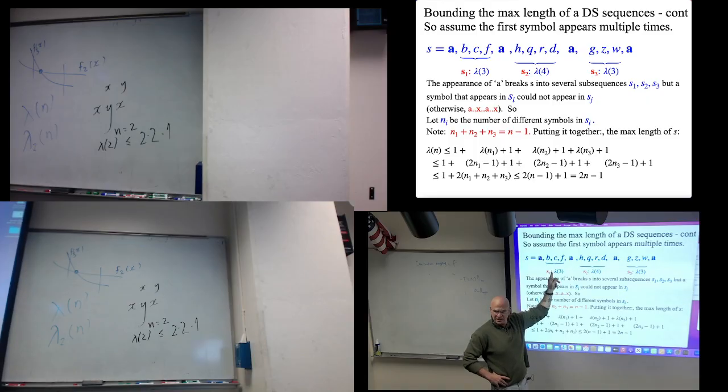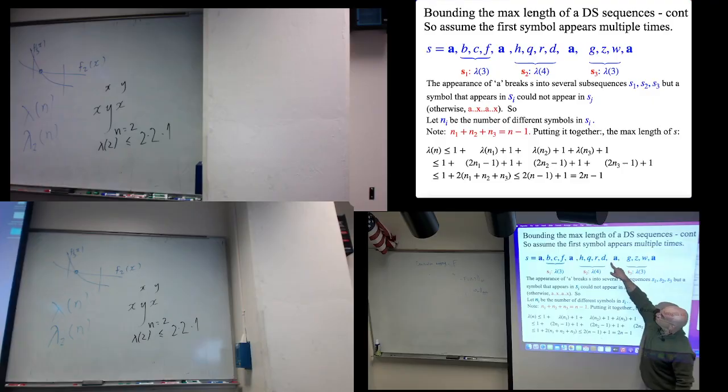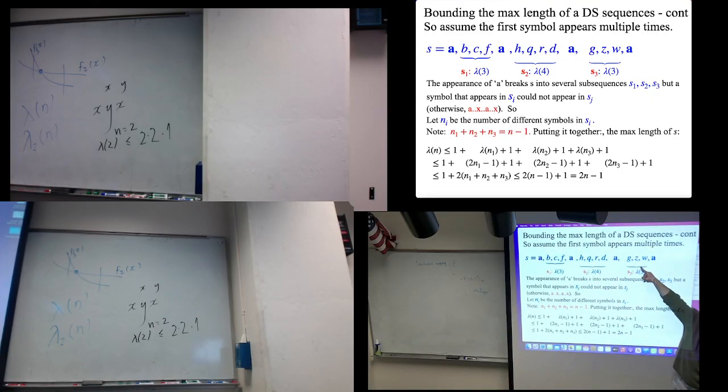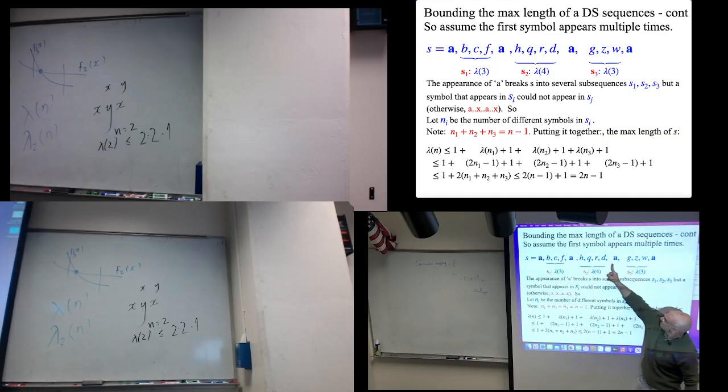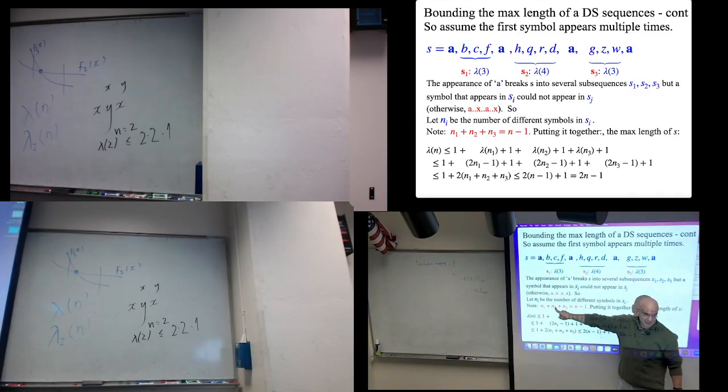S1, it's by itself, it's a DS sequence. So its length is lambda of 3, 2n minus 1, because there are 3 characters. Same here, 4 characters here. Same here, 3 characters here. And what's important is, if I think about how many characters do I have here, let's call it N1, 3 guys over here, 4 guys over here, and N2 will be 4.